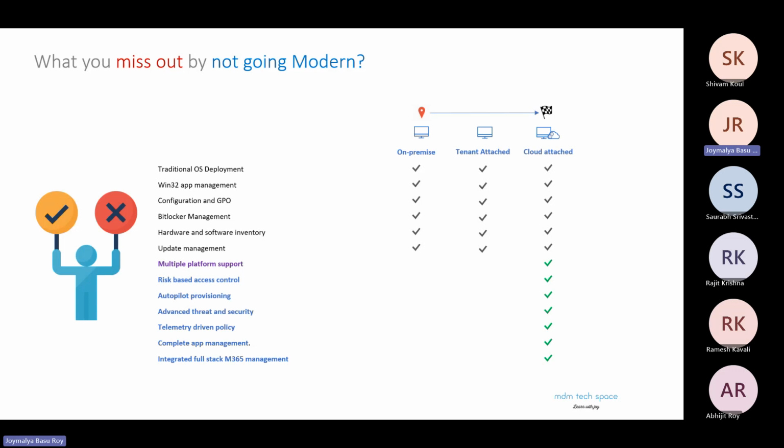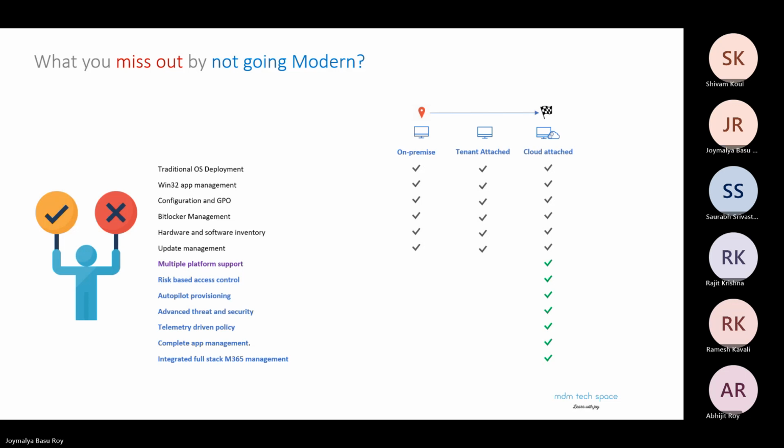And this can be one of your end goal points, because if you are in a cloud attached state, you are basically getting the benefits of everything, from traditional OS deployment to the cloud securities and everything.